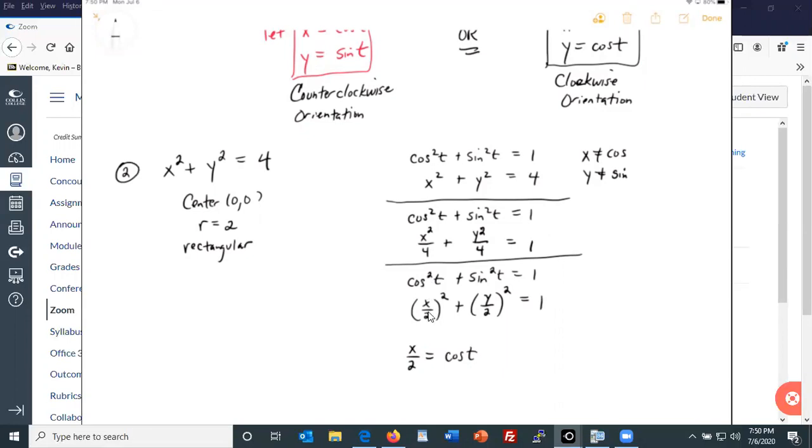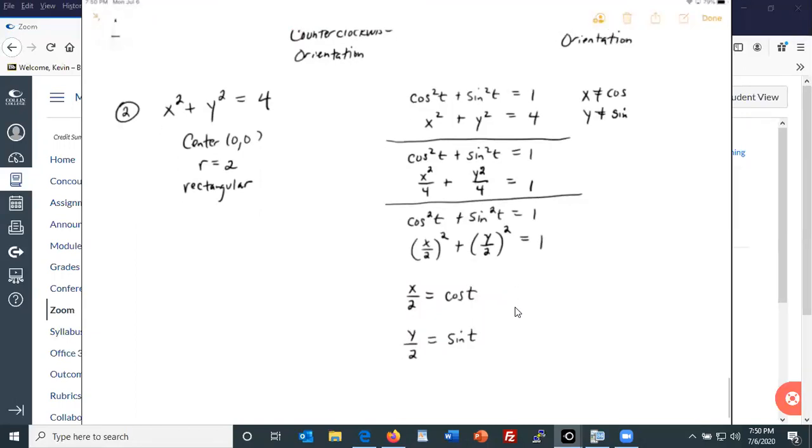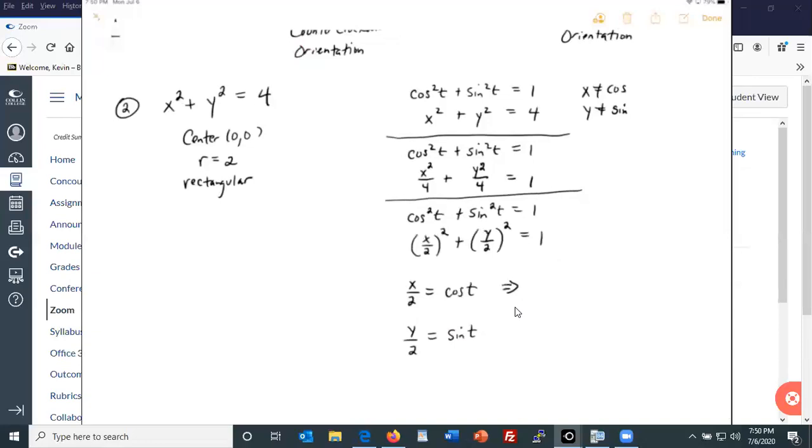So cosine squared equals x over 2 squared. So you can also equate them without the squares. You can say cosine is equal to x over 2. And then therefore we can say that y over 2 is equal to the sine of t. And then therefore x equals 2 cosine of t and y equals 2 sine of t for my parametric equations. So remember, you have to solve for x and y.